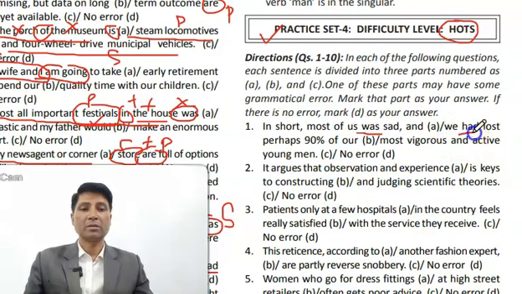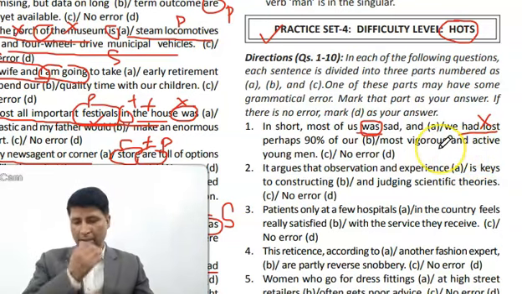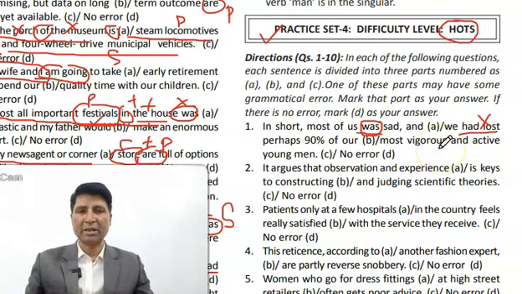So had lost and were are the 2 finite verbs in this question. What is the subject of this finite verb? We do not need a subject for this because this verb is in the past perfect tense and we do not need agreement with the past perfect tense because it shows time and any singular or plural subject can be used with it.